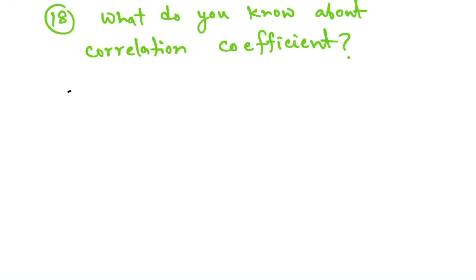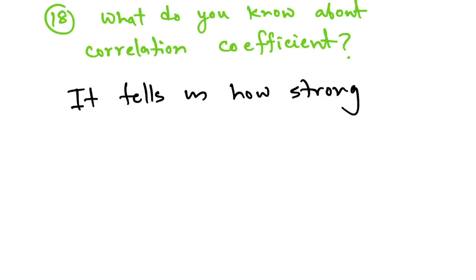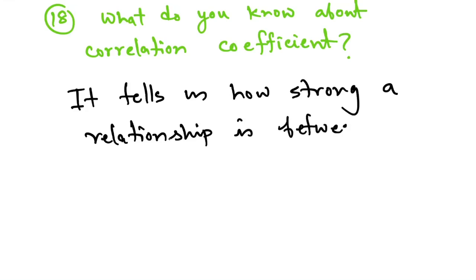So the correlation coefficient tells us how strong a relationship is between two variables.